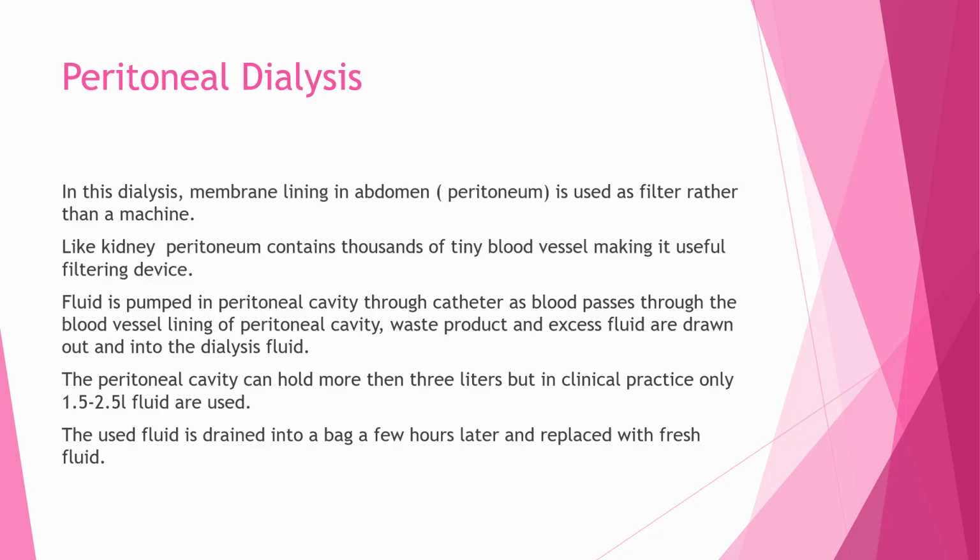Waste products and excess fluid are drawn out and into the dialysis fluid. The peritoneal cavity can hold more than 3 liters, but in clinical practice only 1.5 to 2.5 liters of fluid are used. This used fluid is drained into a bag a few hours later and replaced with fresh fluid.